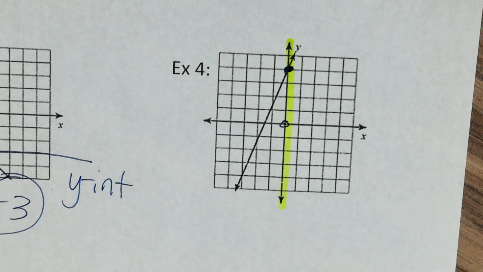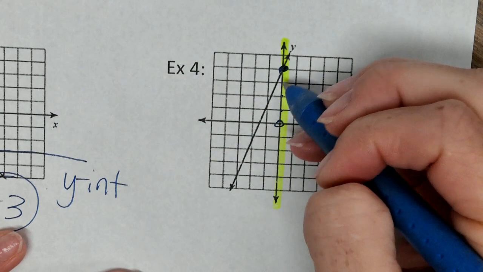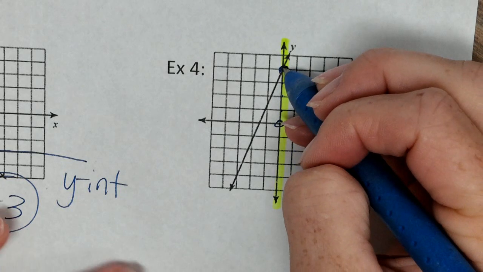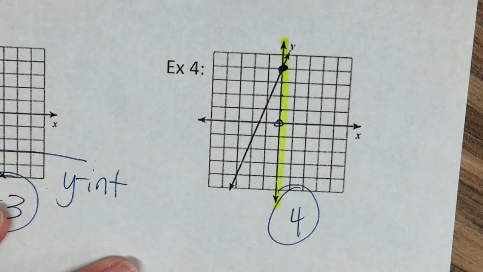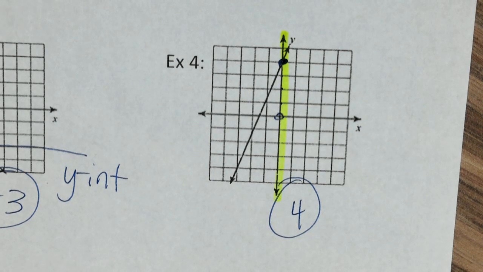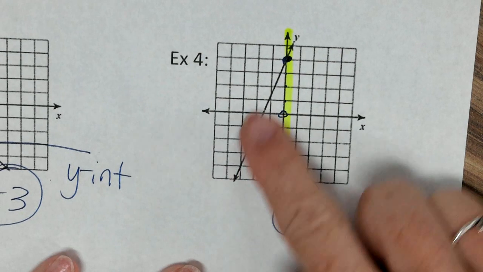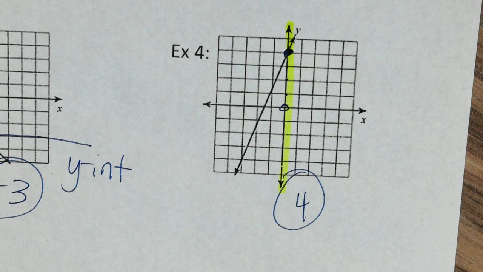So where the x and y-axis meet, you're at 0. I am up 1, that's positive 1, positive 2, positive 3, positive 4. So if it's above 0, it's positive. If it's below 0, it's negative. You do not care about slope today. I don't care if it's a positive or negative slope.